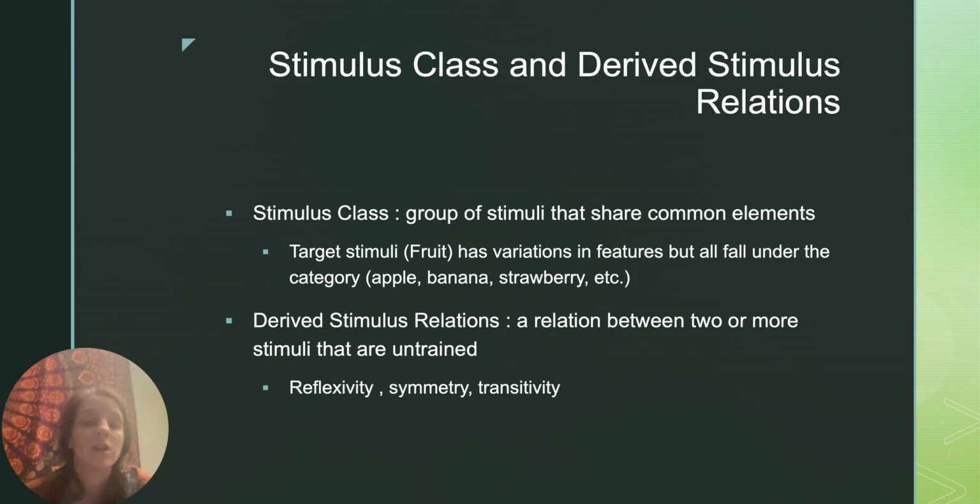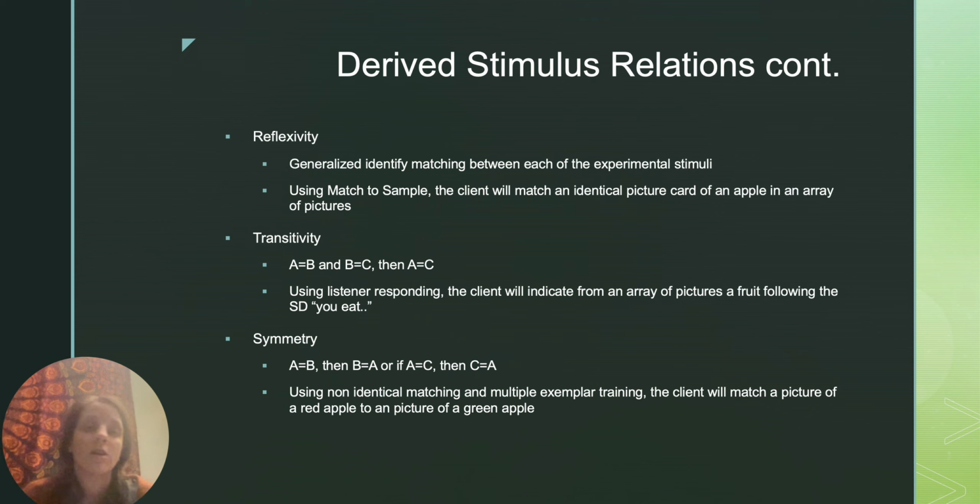Derived stimulus relation. This is a relation between two or more stimuli that are untrained. Examples of these are reflexivity, symmetry, and transitivity. So we're going to go ahead and talk about each one of these. Reflexivity is a generalized identity matching between each of the experimental stimuli.